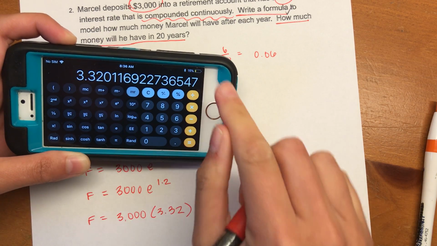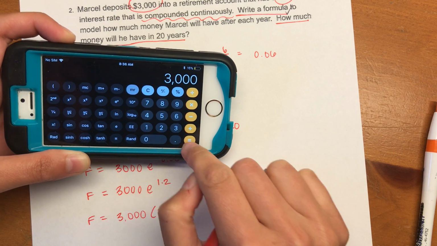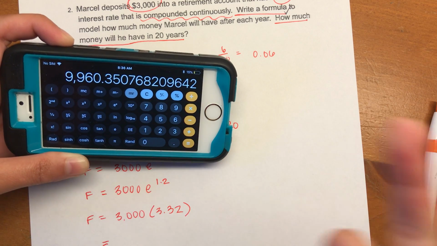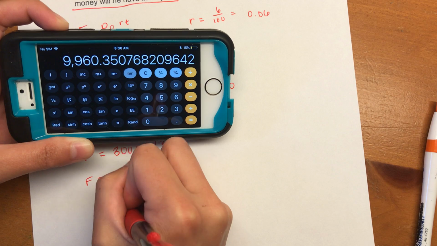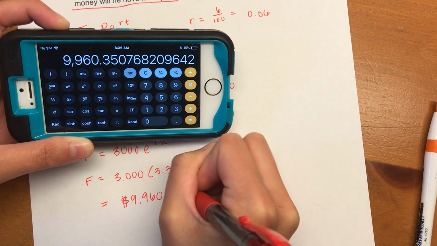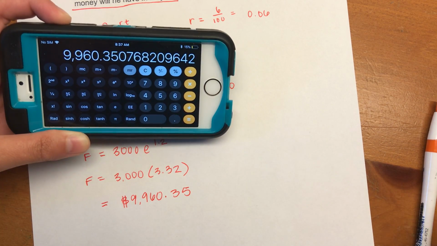But I'm going to keep this in my calculator so I can say times 3,000 and get the most accurate answer. Okay, so if you're a couple decimal places off on the Google form, that's fine. I will fix that, or I will fix your score. But if you're being most exact, you have 9,960.35.